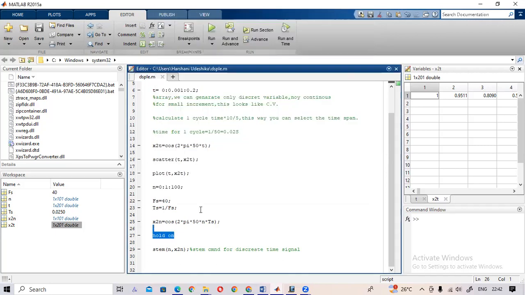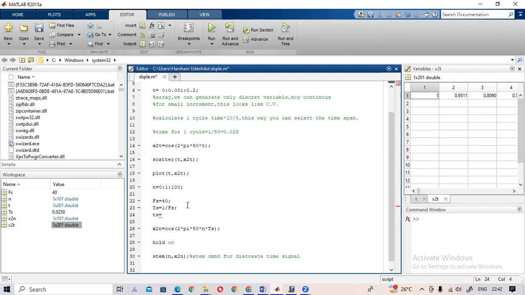So what you have to do is map that sample value, that Ts, the sample time, the corresponding sample time, using this equation. So now I have the corresponding sample time for this corresponding sample value.